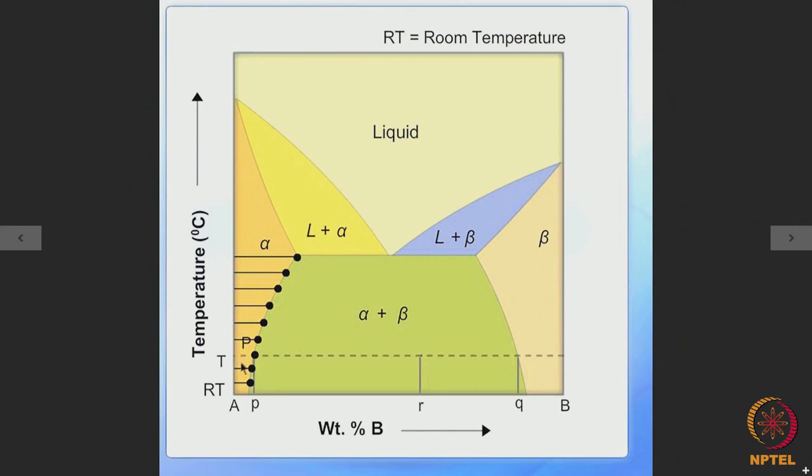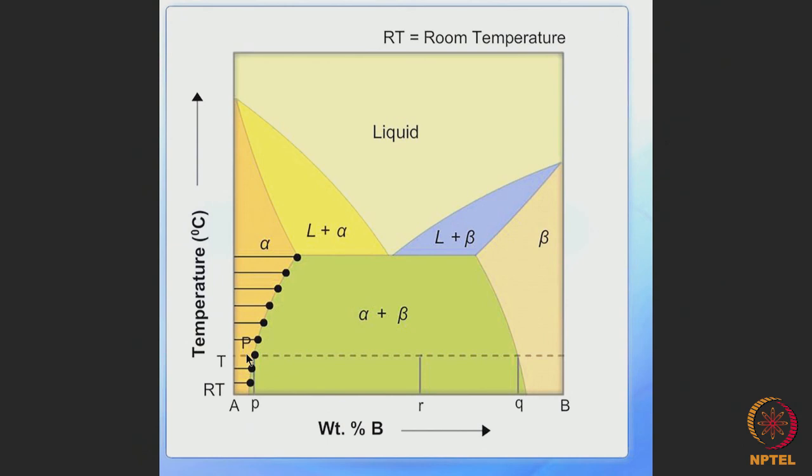So, if we look at the diffraction pattern of A and find out the lattice parameter, and if we go to an alloy of A and B here, we are still in the alpha phase, and if B atoms are bigger than the A atoms, what will happen?